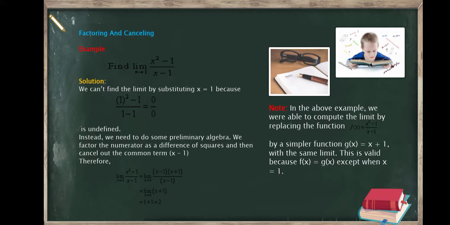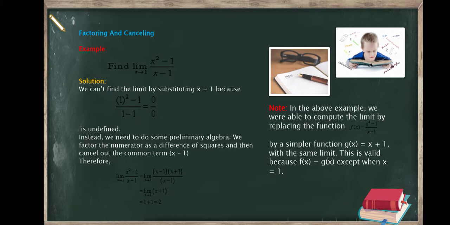So take note again that in that example, we were able to compute the limit by replacing the function f of x equals x squared minus 1 over x minus 1 by a simpler function g of x equals x plus 1 with the same limit.